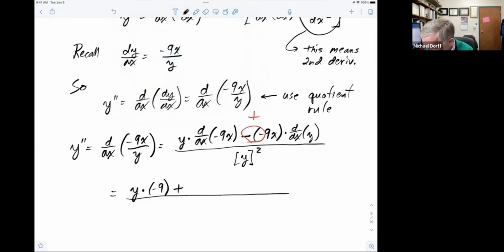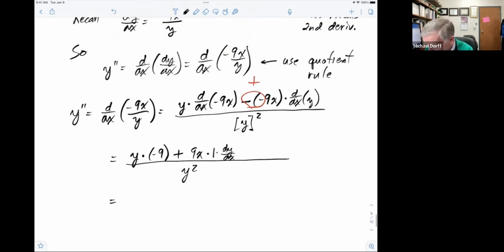Now I've got a 9x, and I'm going to take the derivative of y. So d/dx of y is going to be 1 times dy/dx, all over y squared. Cleaning that up, that looks like negative 9y plus 9x dy/dx, all over y squared.